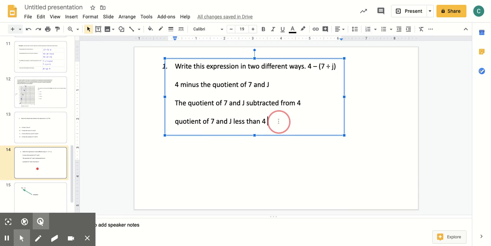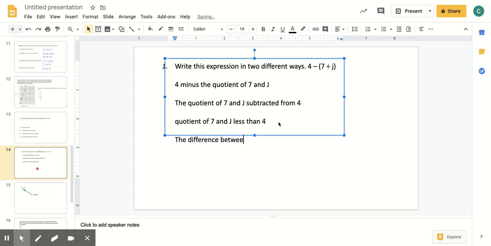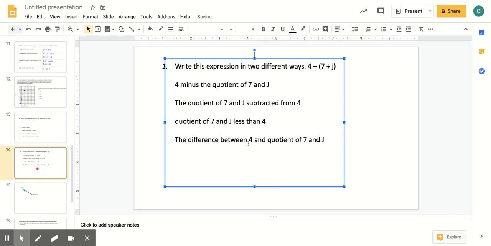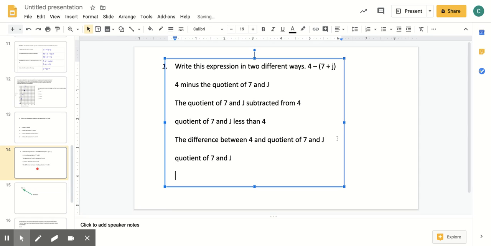A few other options. I could do the difference between 4 and the quotient of 7 and j. I could also do the quotient of 7 and j taken away from 4.